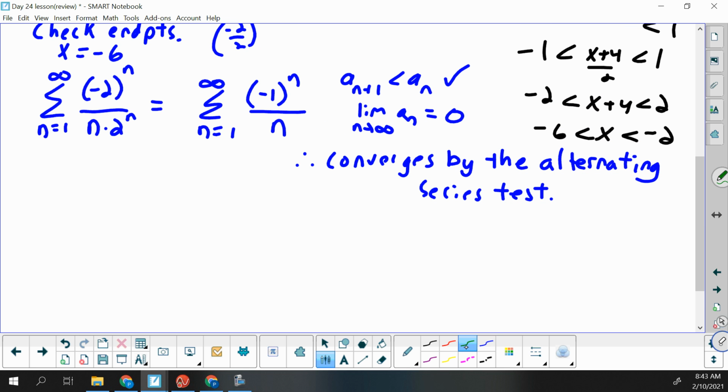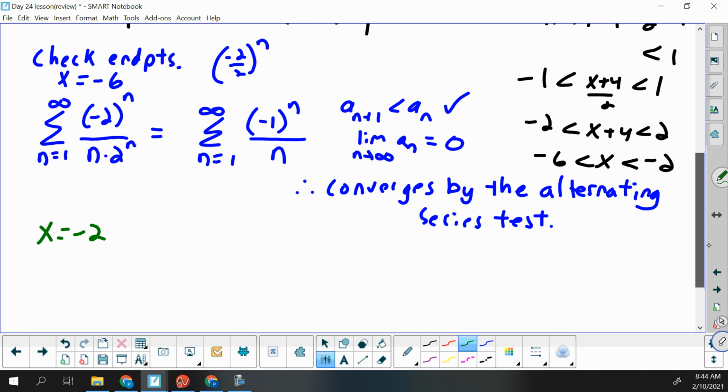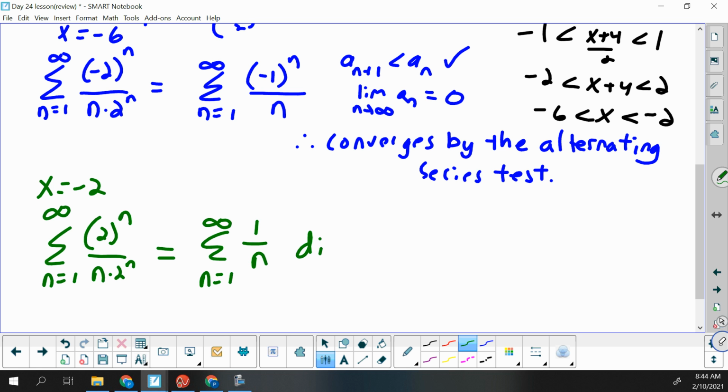For our other endpoint, we'll check x equals negative 2. Again, that's getting subbed in here. Negative 2 plus 4 gives us a positive 2 to the n. Now the 2 to the n's just divide out, so we'll have 1 over n, which diverges since it is the harmonic series. We could also say it diverges since it's a p series where p is less than or equal to 1.